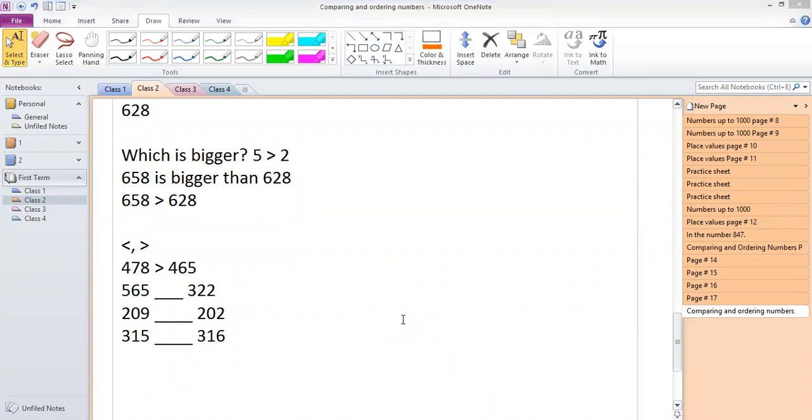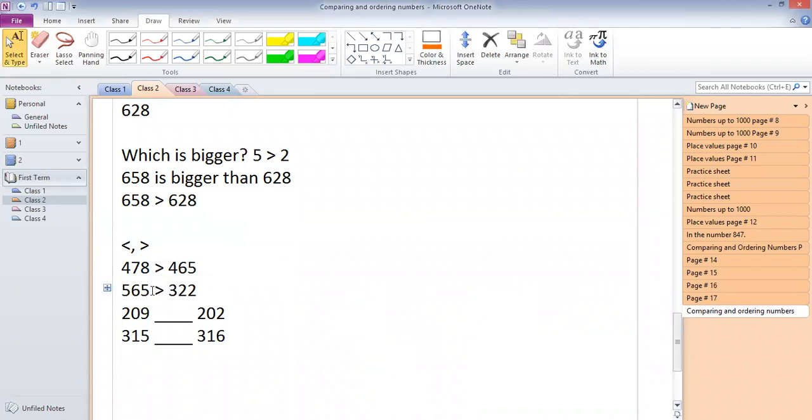Yes, sir. Very good. If you look at 565 and 322, 500 here is 300. So when you compare the hundreds, you find that 500 is bigger. To write bigger, you should open the mouth of the sign in front of the bigger number.